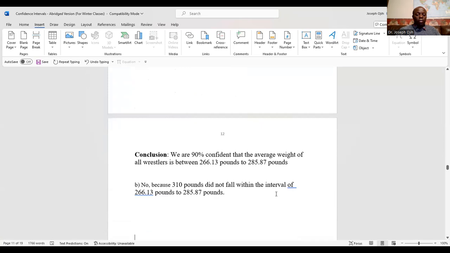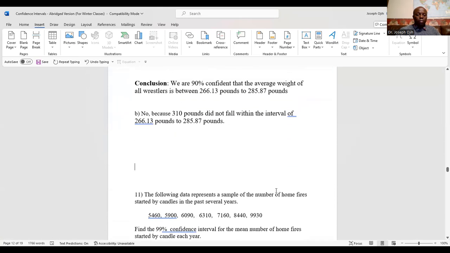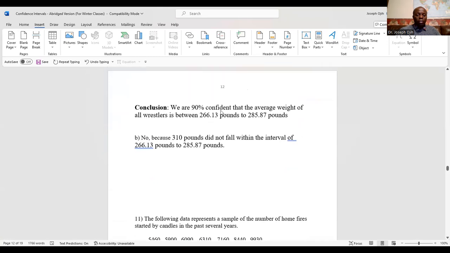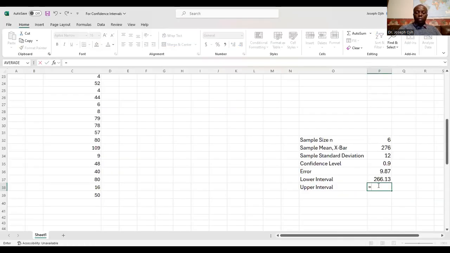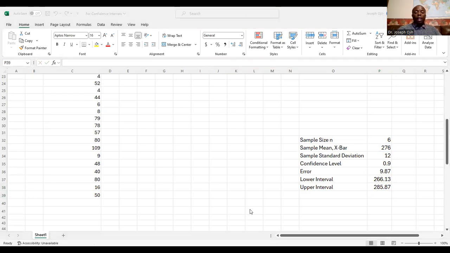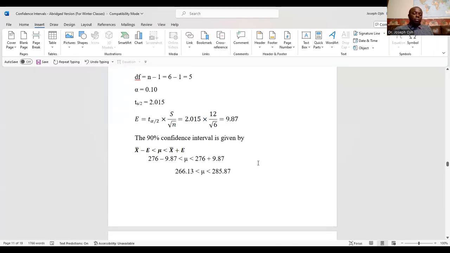Now let's add it, and you will see that we got the same result for addition. Equals x bar plus error gives 285.87, and you can see it from here too. So that's how you do it.